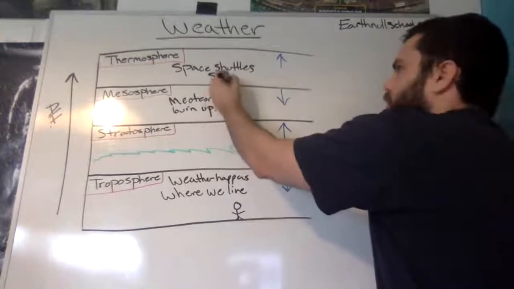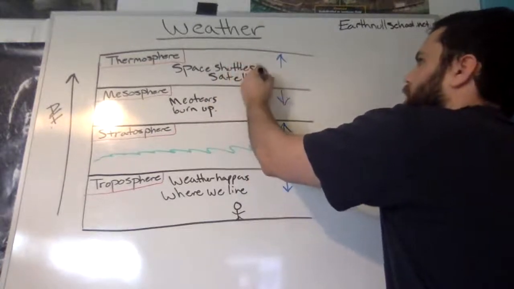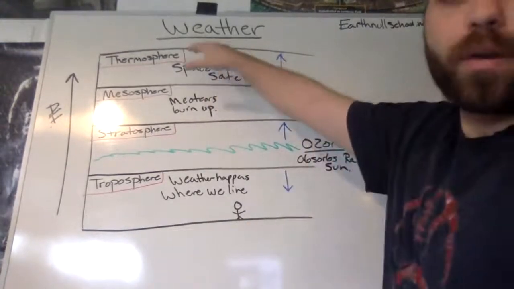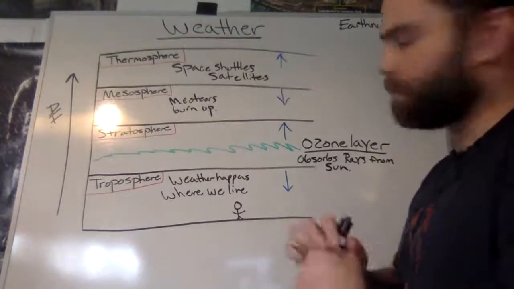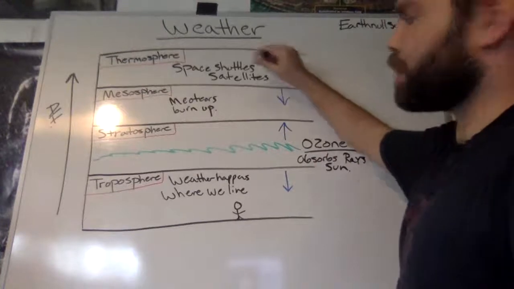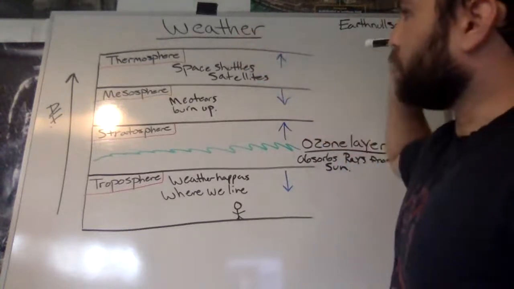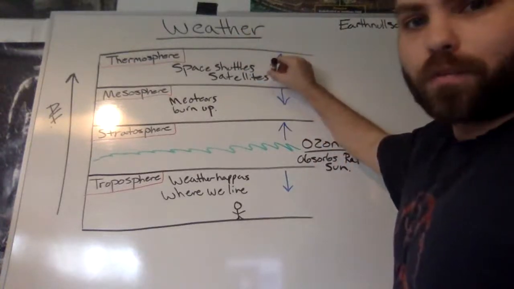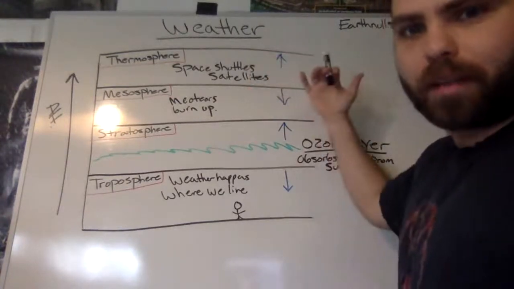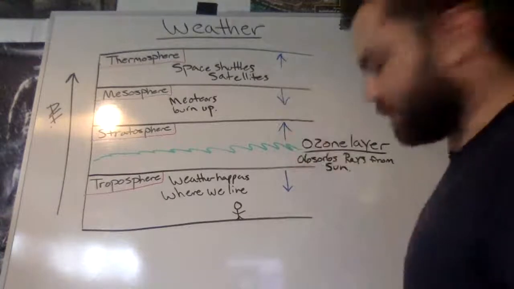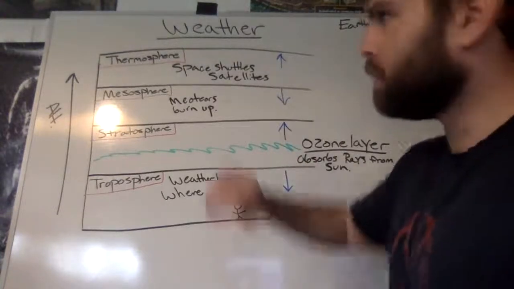This is where they are orbiting the Earth, space shuttles and satellites. It could be anything. It could be satellites for defense systems of countries, or it could be a DirecTV satellite floating up there. There are a lot of satellites that orbit the Earth.